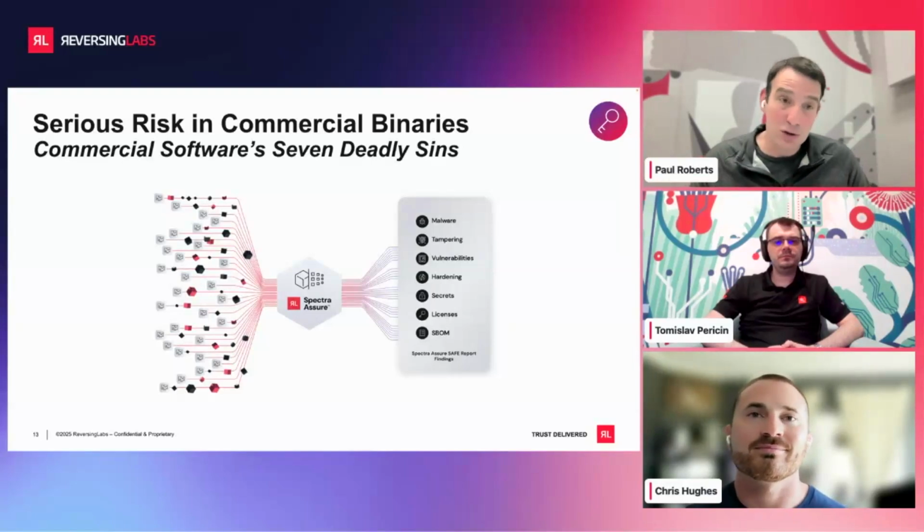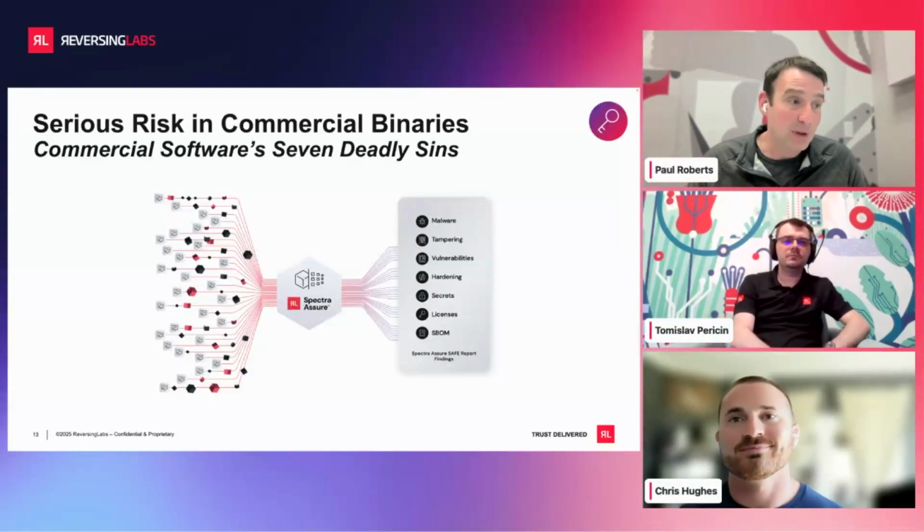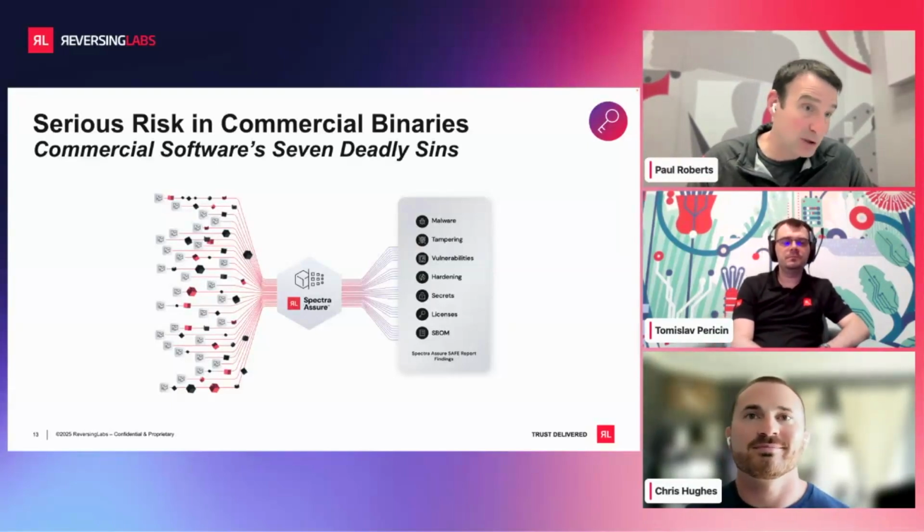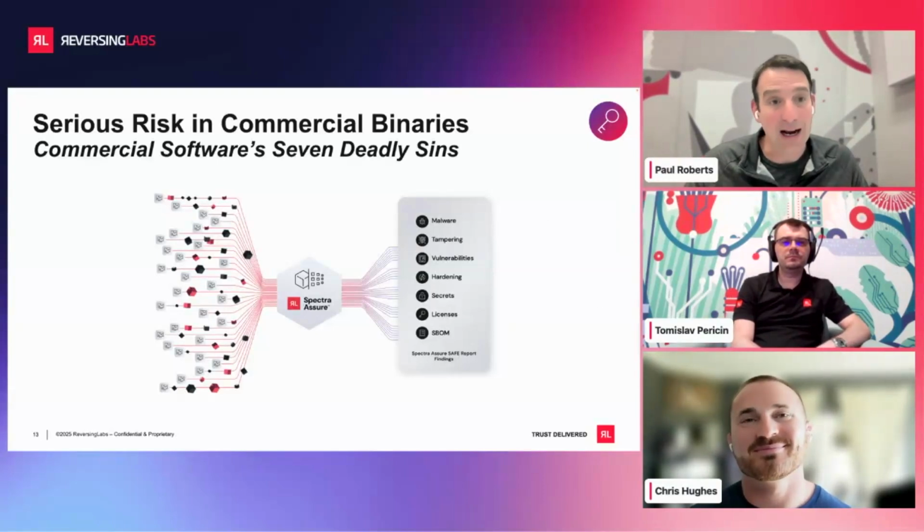Chris, those include malware, evidence tampering, obviously exploitable vulnerabilities, absence of application hardening practices, the presence of leaked developer secrets, licensing issues, and SBOM, not really a sin, but lack of a detailed SBOM.